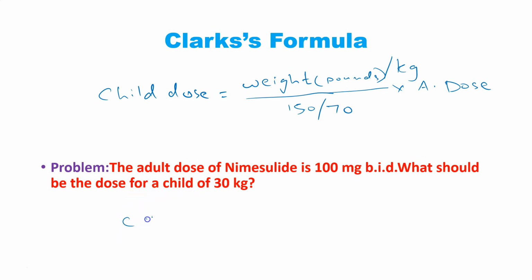The formula is child dose, and weight is given in kg, so weight divided by 70, because it is in kgs, 30 the weight given, into adult dose, 100 mg. So the child dose answer will be 43 mg BID, 2 times in a day.